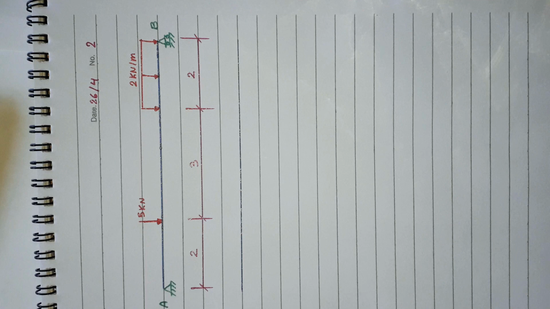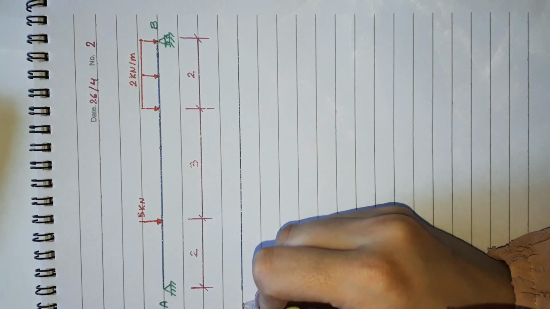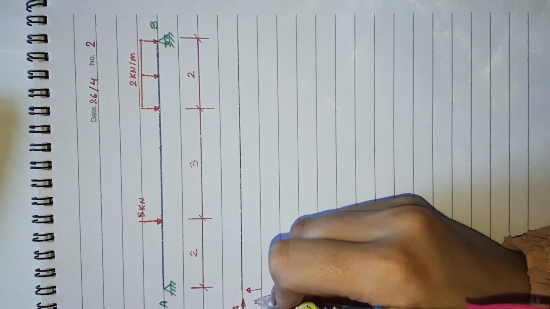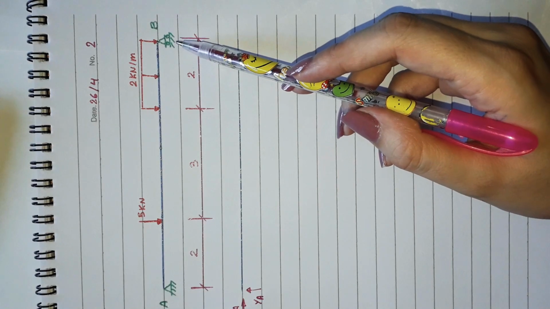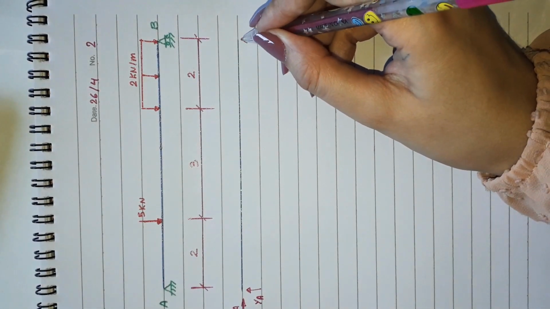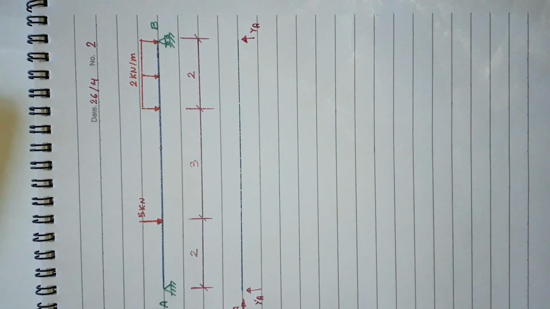As you see, we have at point A a pin support, so we have both reaction in the x direction and in the y direction. And at point B, we have a roller support, so we have just a y reaction.